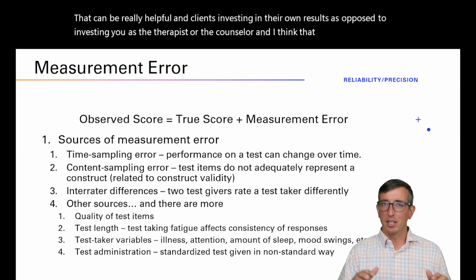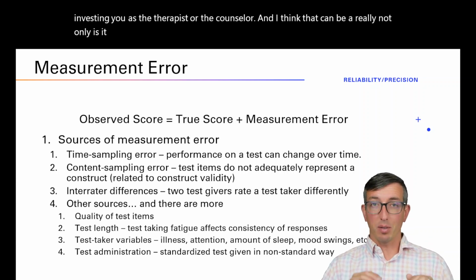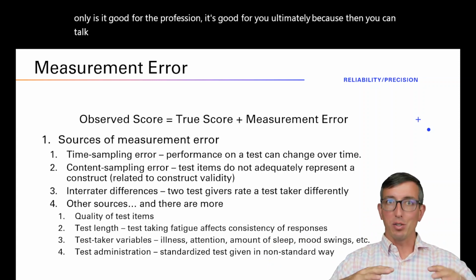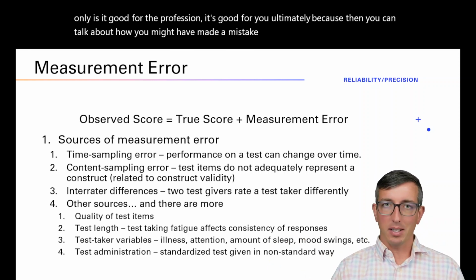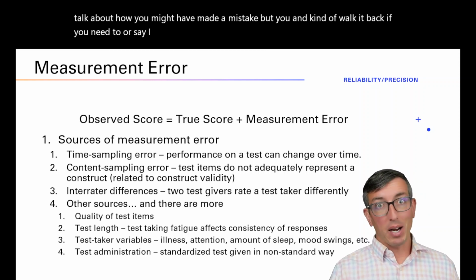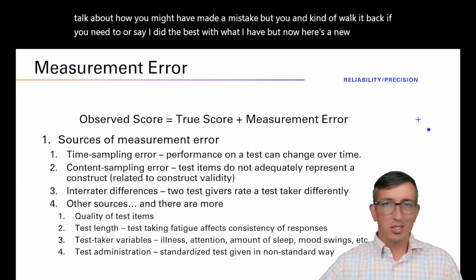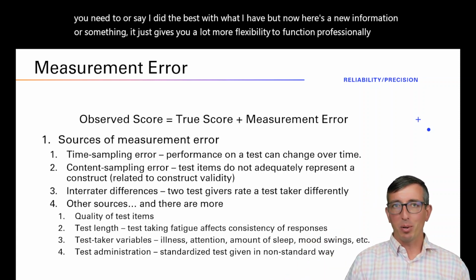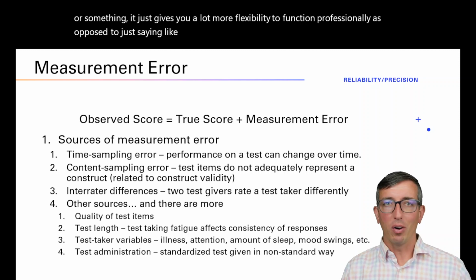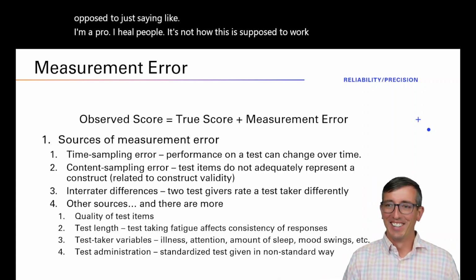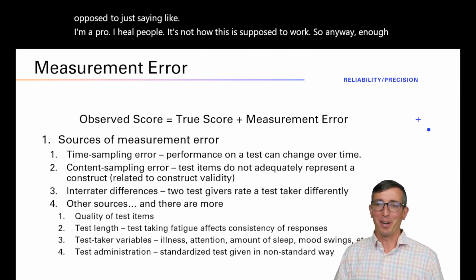And I think not only is it good for the profession, it's good for you ultimately, because then you can talk about how you might have made a mistake and walk it back if you need to, or say, I did the best with what I have, but now here's new information. It just gives you a lot more flexibility to function professionally, as opposed to just saying, I'm a pro, I heal people. It's not how this is supposed to work. So anyway, enough said about that for now.